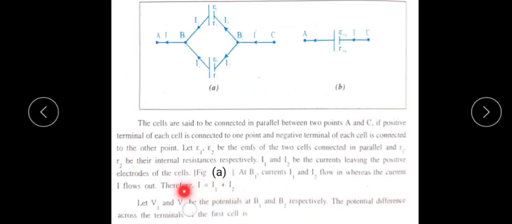Then from I is equal to I1 plus I2, we can write I is equal to E1 minus V divided by R1, plus E2 minus V divided by R2.